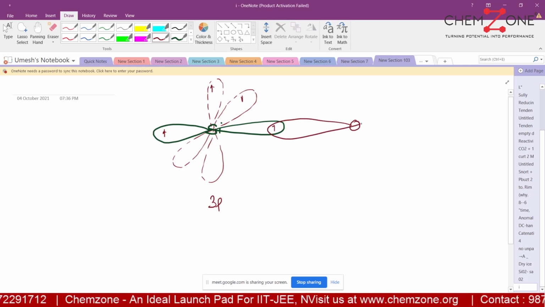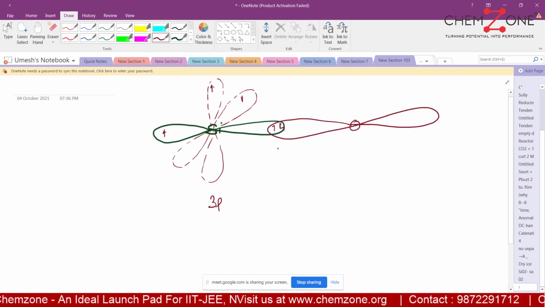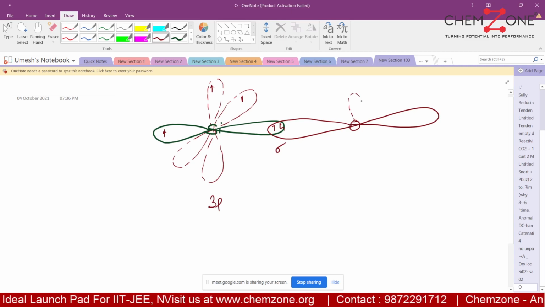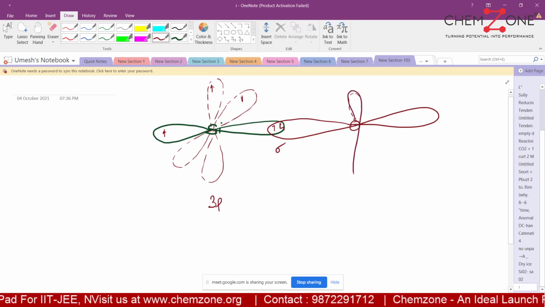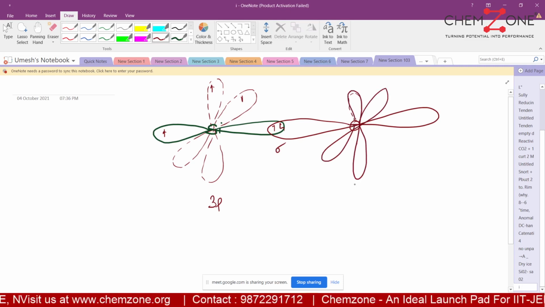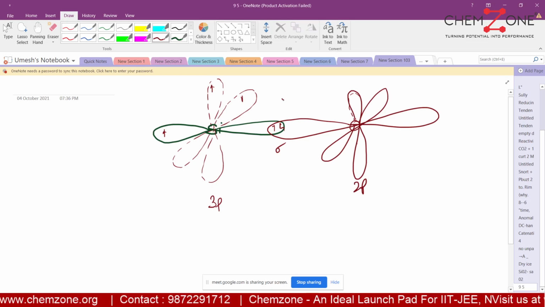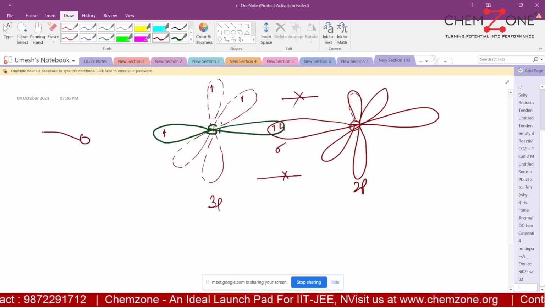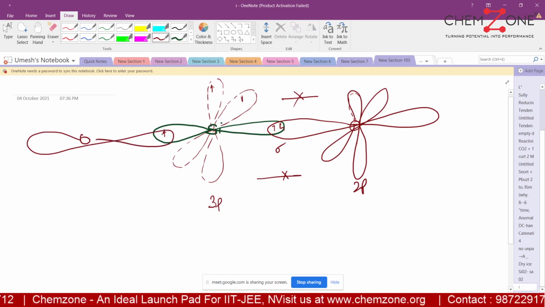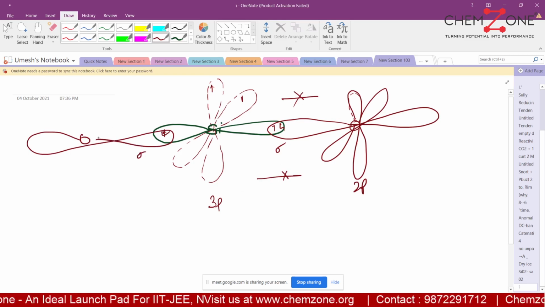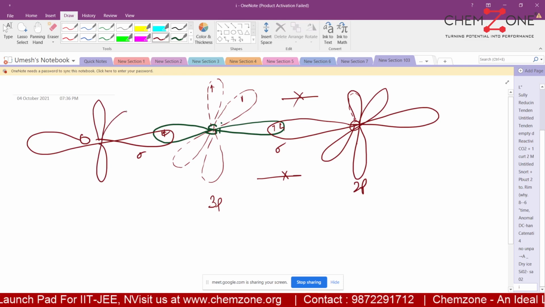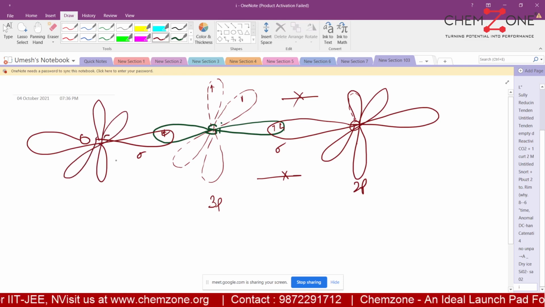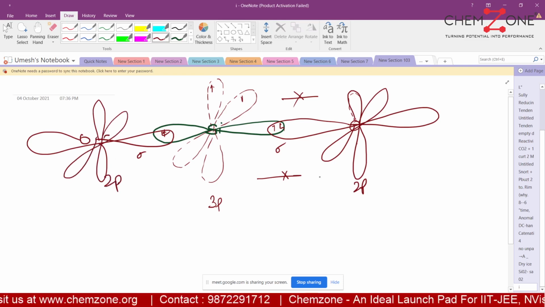With oxygen, it will form a head-to-head overlap, forming a sigma bond. But the oxygen orbital is of the 2p energy level, so this sidewise overlapping is not possible. A pi bond will not be formed. With the other oxygen, again a sigma bond is possible, but sideways overlapping is not possible because this is the 2p energy level and this is the 3p energy level.